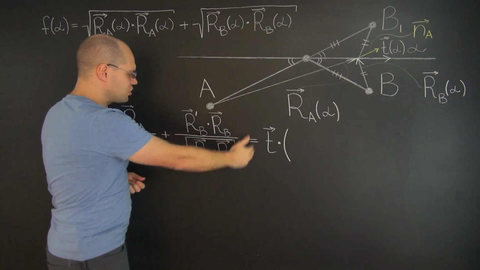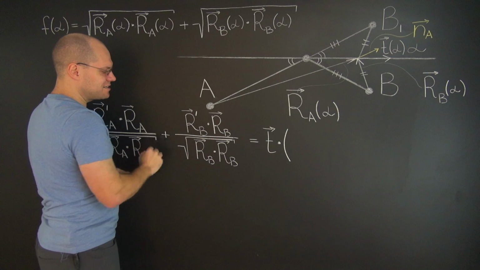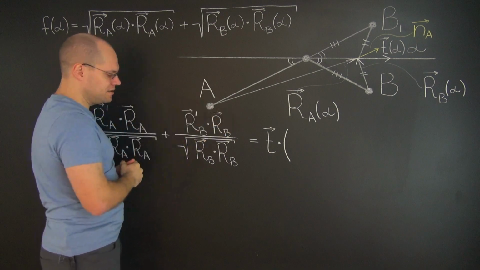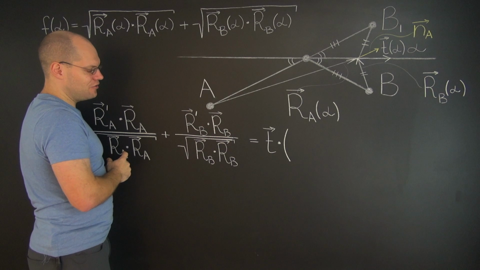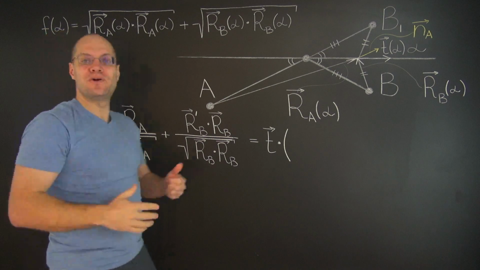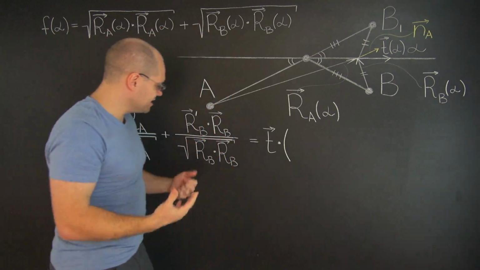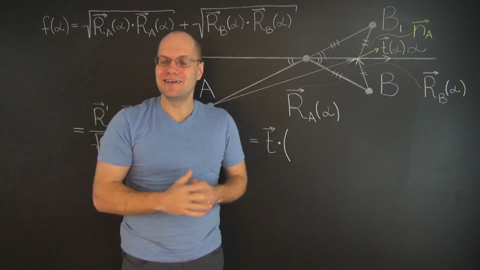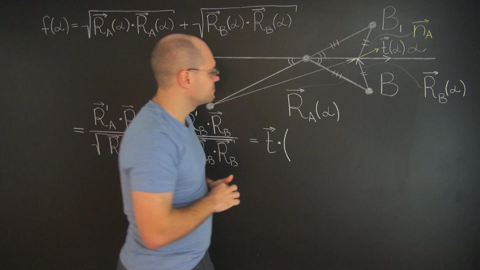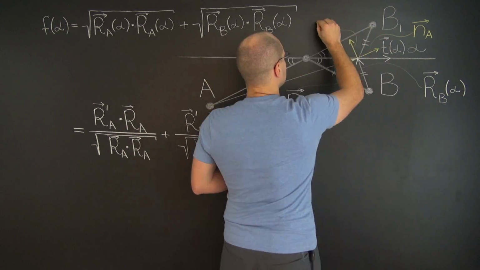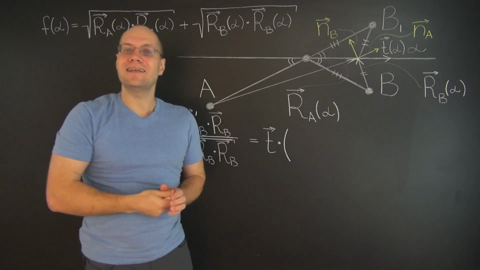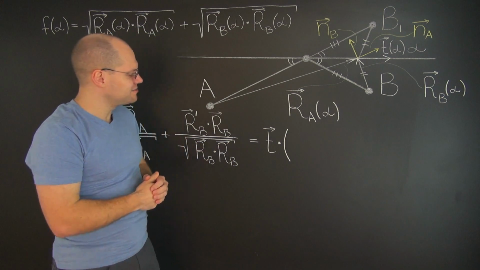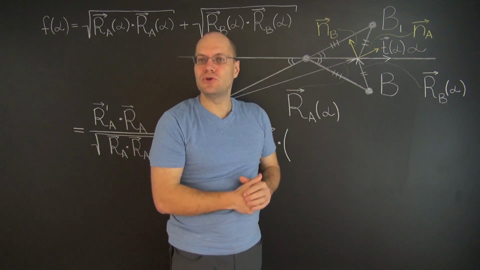A similar thing occurs here. Once this is factored out, we'll have r sub b divided by the length of r sub b. So we'll end up with a unit vector that points in the same direction as r sub b. So we'll call that vector little n sub b. And so what we'll have in these parentheses is the sum of these 2 unit vectors.